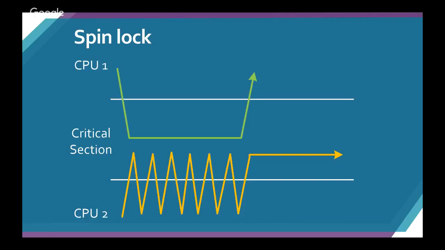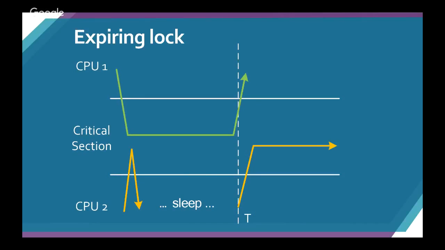And there's also something called an expiring lock. In this case, when the first processor locks a resource, it also indicates at what time the resource will be freed up. And if another thread or processor needs to access this resource, it knows exactly when it will be able to access it.